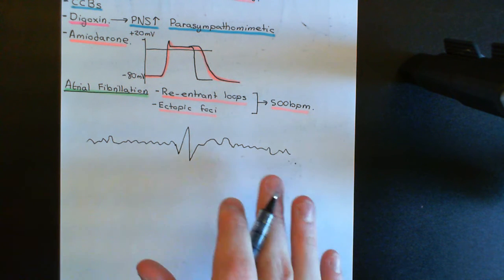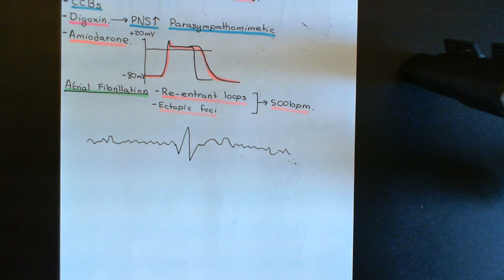Now, of course, this is just a cartoon, but it gets the point across that because you've got all of these different parts of the atria trying to drive the pace, so potentially multiple different reentrant loops and multiple different ectopic foci, some of the P waves will be upright, some of them will be inverted, depending on which pacemaker, if you like, is actually causing that electrical signal and where it is actually positioned.